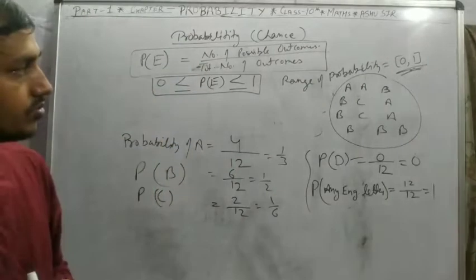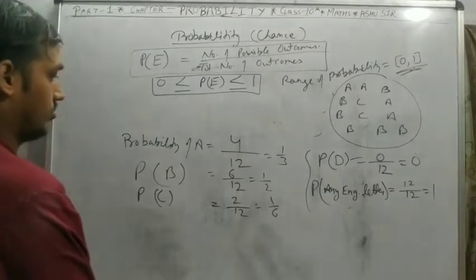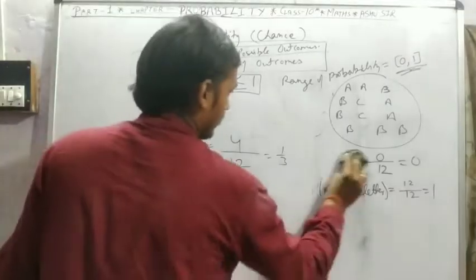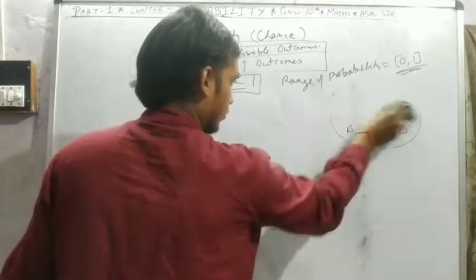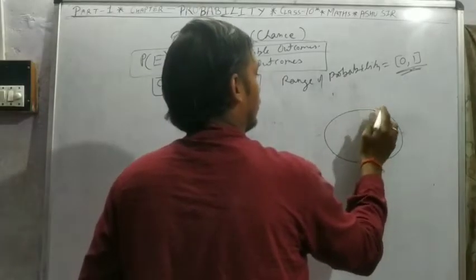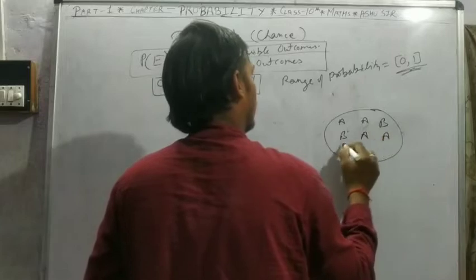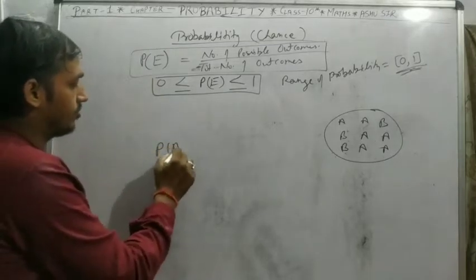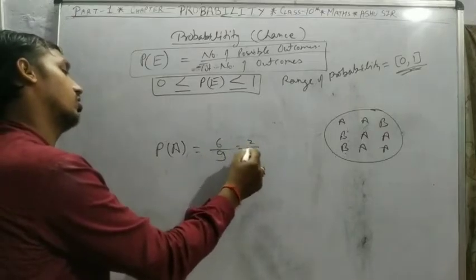So there's a probability. If I ask the probability of A, out of 9, 6 A, so 2 by 3.